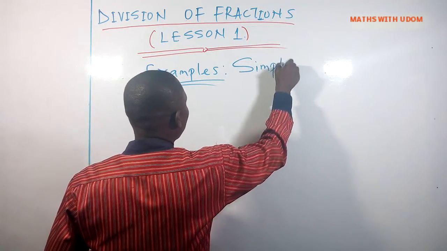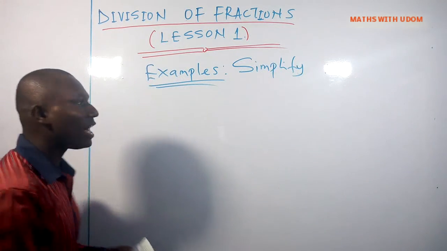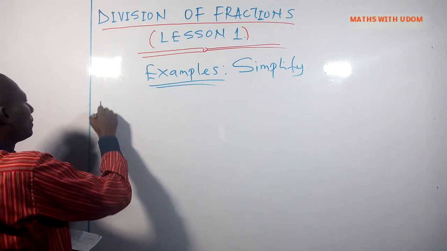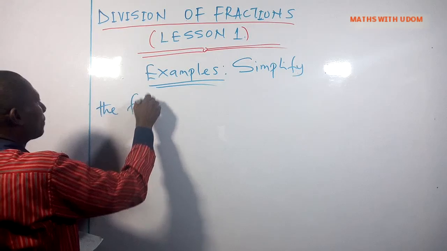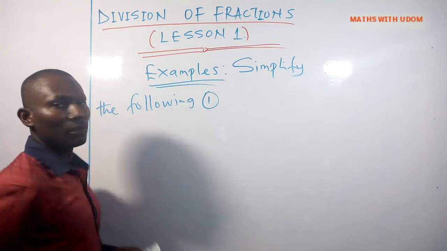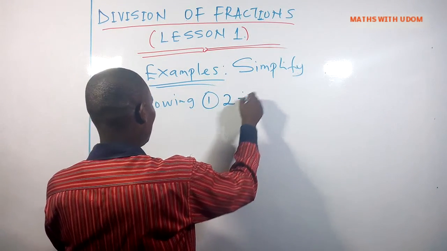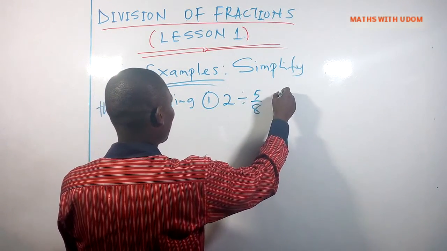Simplify the following. Number 1, 2 divided by 5 over 8.